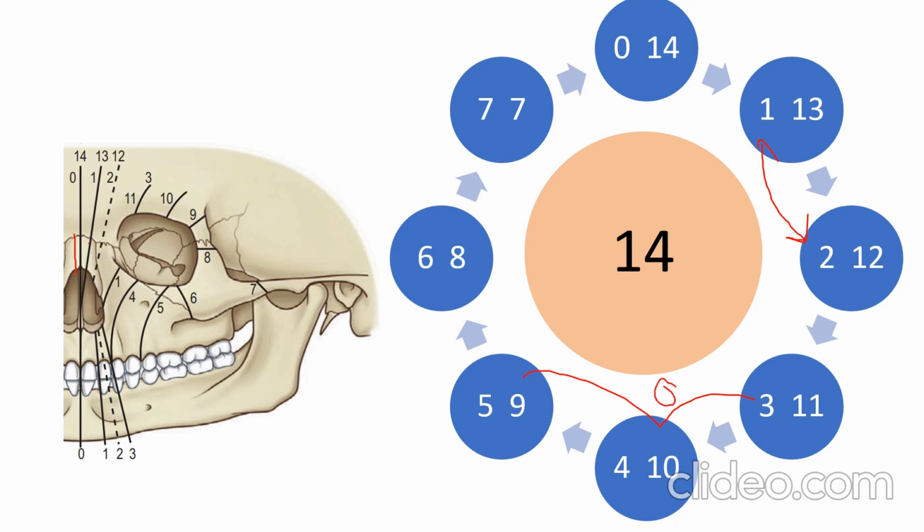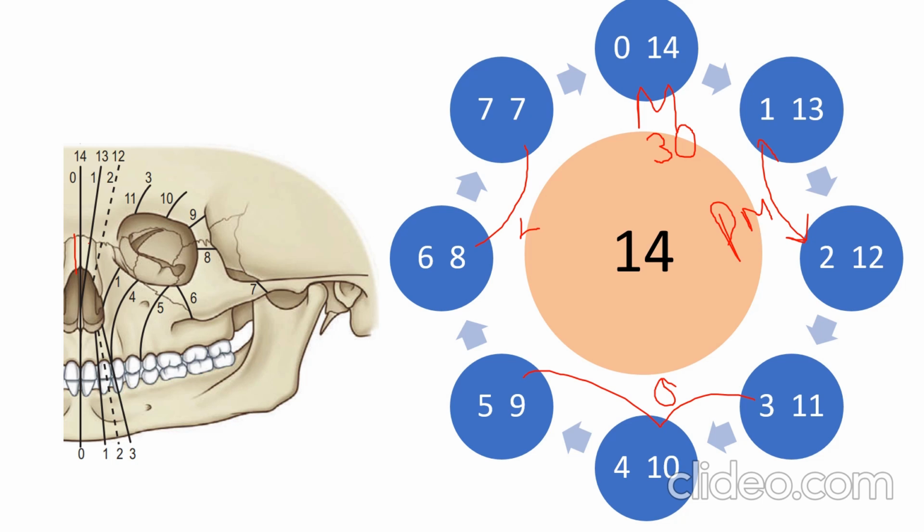So this is your orbital cleft, this is your paramedian cleft, this is your lateral cleft, and this is your midline cleft, with number 30 making it midline, for easy understanding. So 0, 14, 30 is midline, 1, 2, 12, 13 is paramedian, 3, 4, 5, 9, 10, 11 is orbital, and 6, 7, 8 becomes lateral clefts.